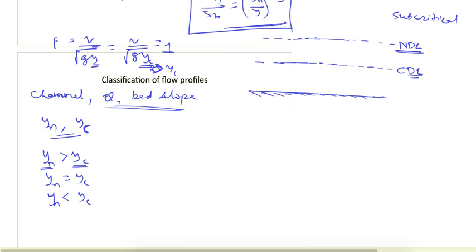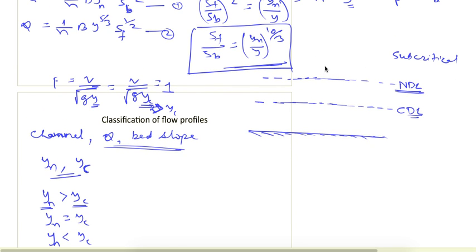So corresponding to these we divide this area into three zones. If it is the subcritical case and the NDL is above the CDL, we define it as mild slope.